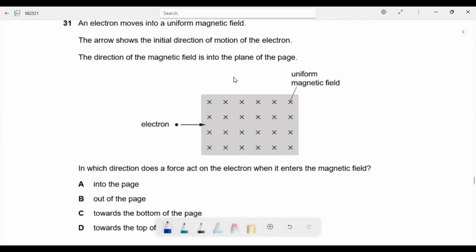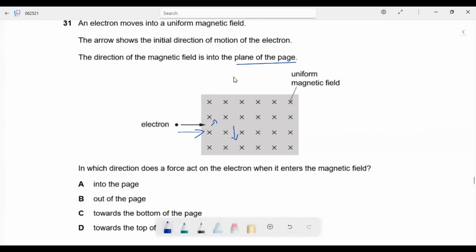An electron moves into a uniform magnetic field. The arrow shows the initial direction of motion of the electron. The direction of magnetic field is in the plane of the page. So electron force is in this direction. Direction of this force is into this page. In which direction does the force act on the electron when it enters the magnetic field? So when it is entering the magnetic field, that force will be perpendicular to these two.